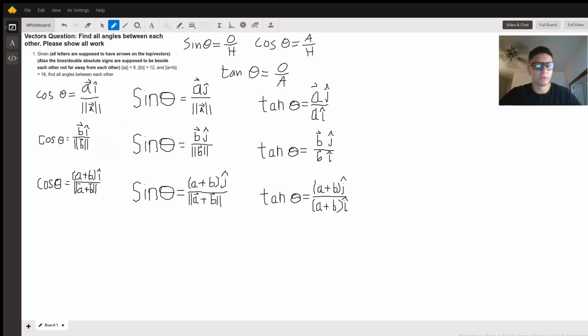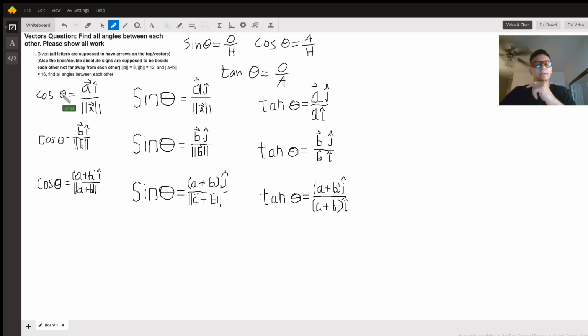So that would be how you find all the angles. And then if you wanted to find the angles between each of the other two angles, say for this one right here, cosine theta equals the i component of the A vector divided by the magnitude of the A vector.